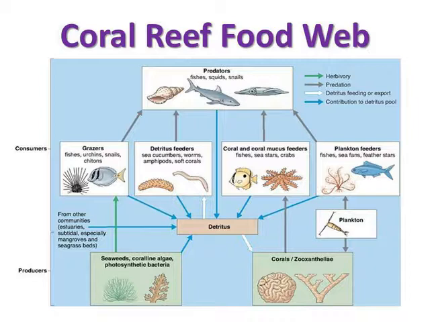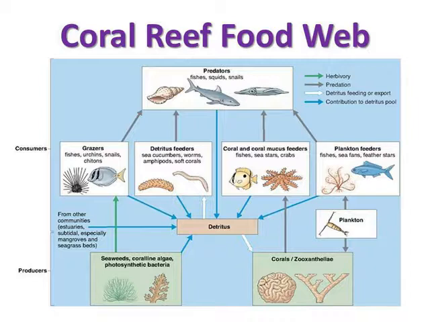But then you get up to your primary consumers, which are your urchins, your fishes, your sea cucumbers, your sea stars, crabs. Yeah, so you got your different types. You got your grazers, your detritus feeders, your coral mucus feeders, and your plankton feeders.